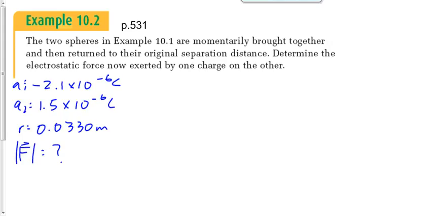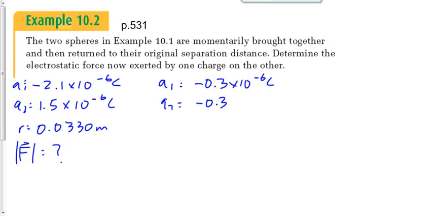Minus 2.1 and 1.5 becomes a total charge of negative 0.6, but it splits up evenly, so it becomes negative 0.3 times 10 to the minus 6. So we're going to change that q1 and q2 to negative 0.3 times 10 to the minus 6 coulombs.